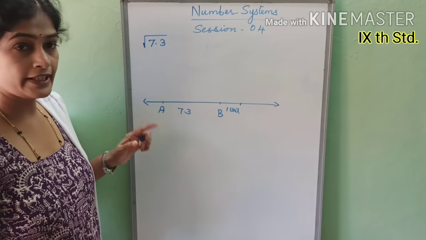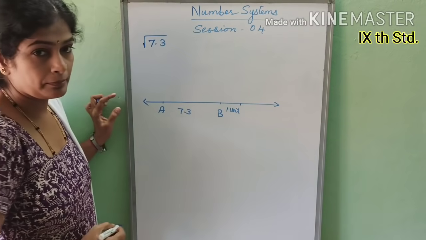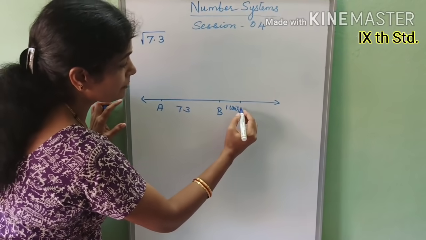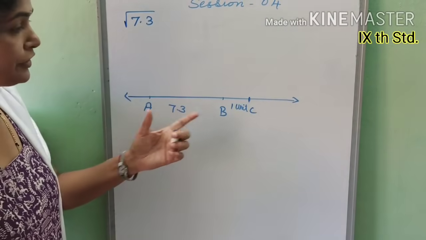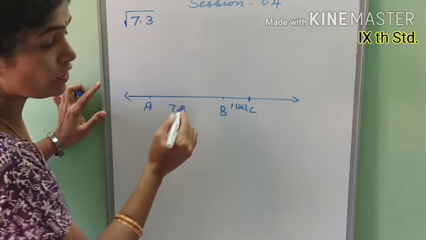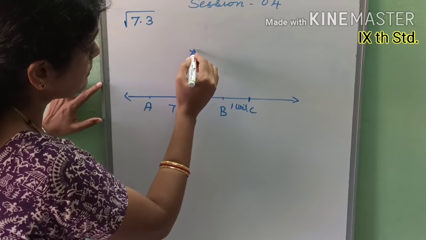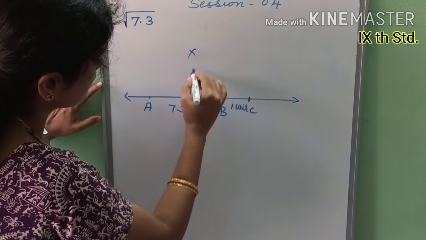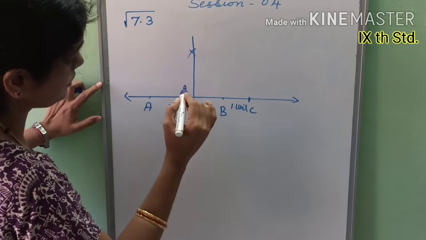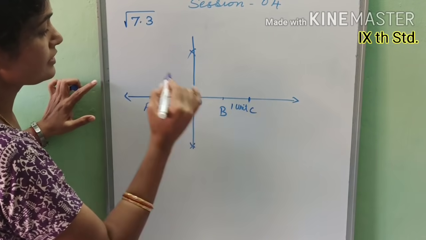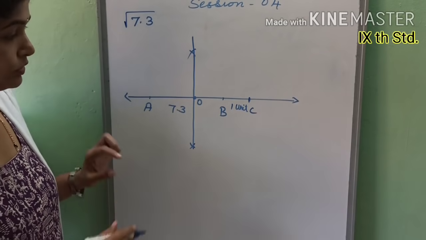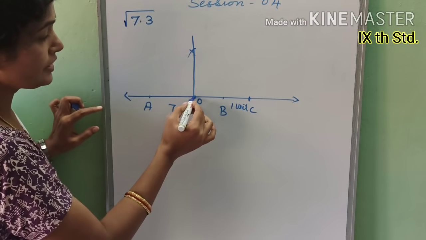Then with the help of your compass you will find out the midpoint of AC. That is drawing the perpendicular bisector. Use compass only to find out the midpoint of AC. Approximately I have done here. This is point O, that is, AC's midpoint is O.